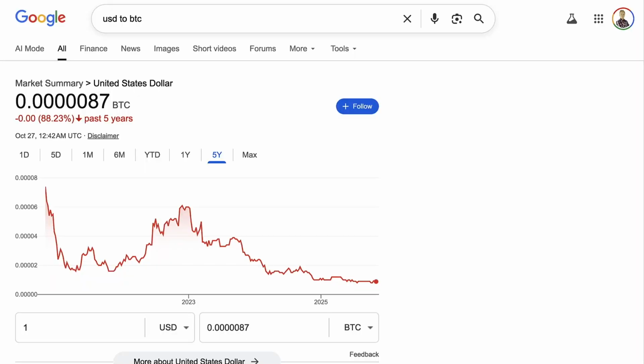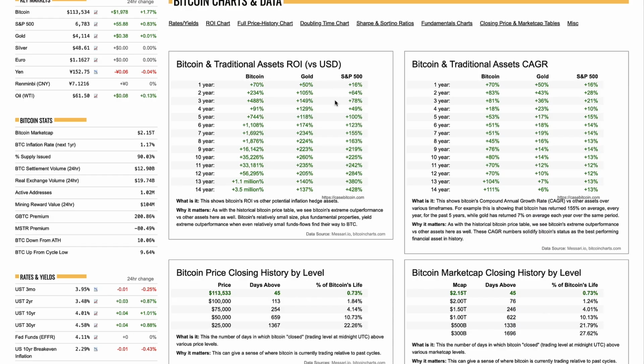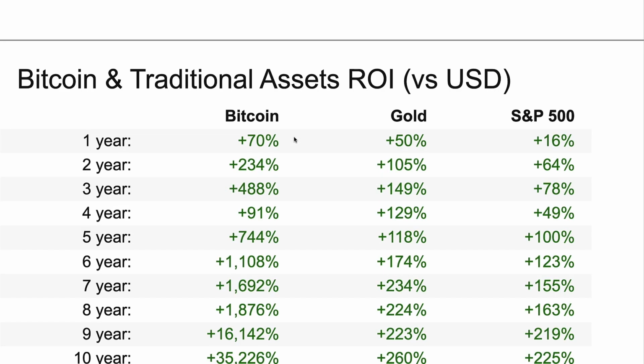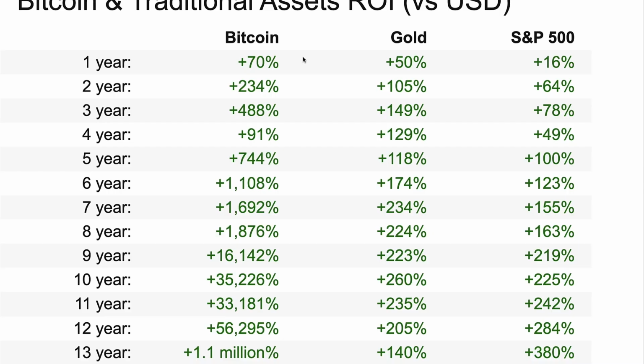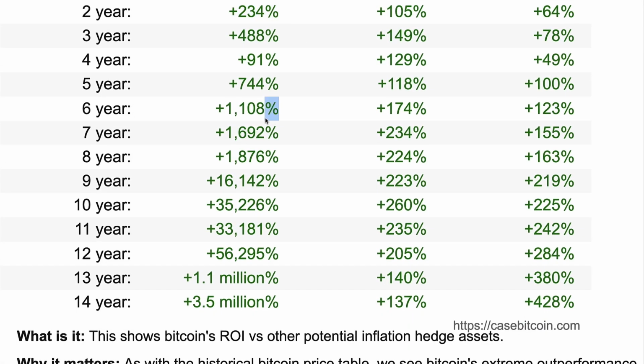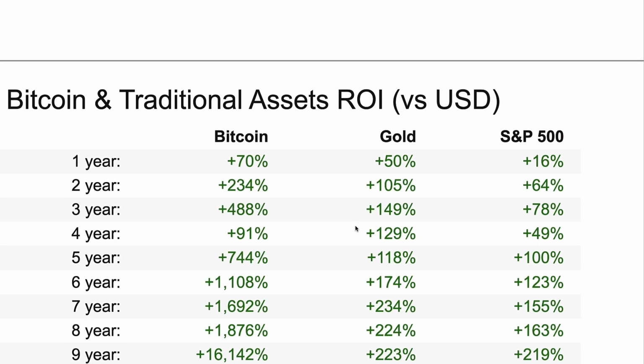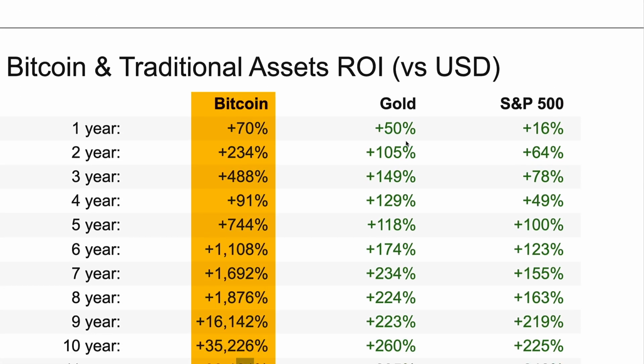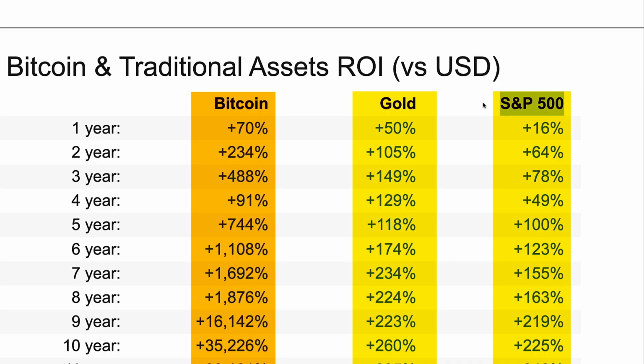And when it comes to stocks and gold, Bitcoin is completely outperforming them. You can see here that when you take almost any time frame in history, 1 year, 2 years, 7 years, 10 years, 11 years, take whatever time frame, and Bitcoin is almost always beating gold and S&P 500, one of the strongest stock indexes in the world.